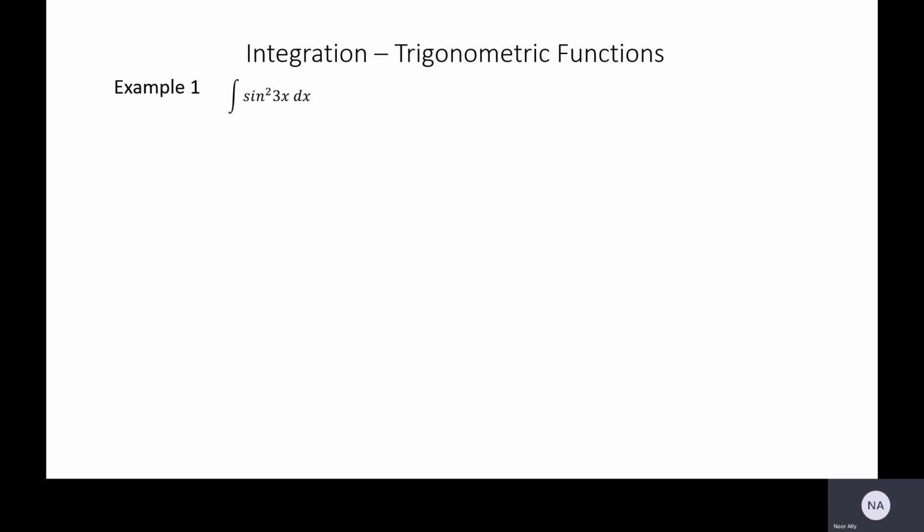Now, in this case, do not be tempted. It is so tempting. Just be aware that this is a sine function that is raised to the power 2. So it is sine squared of 3x.